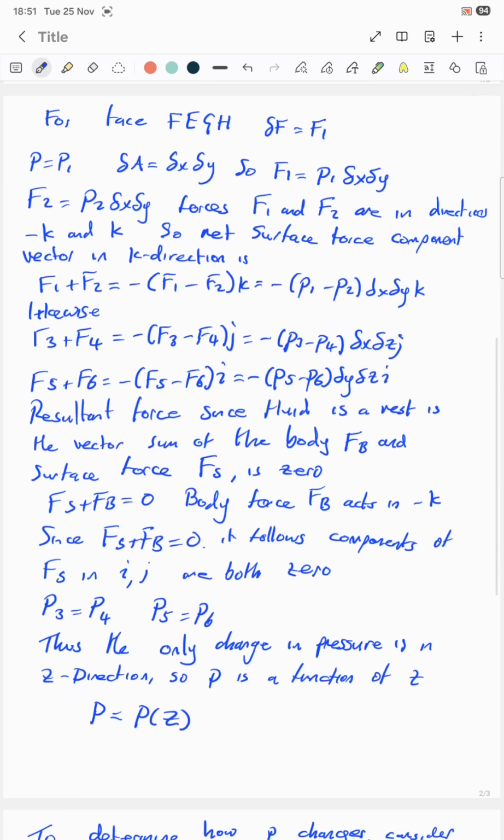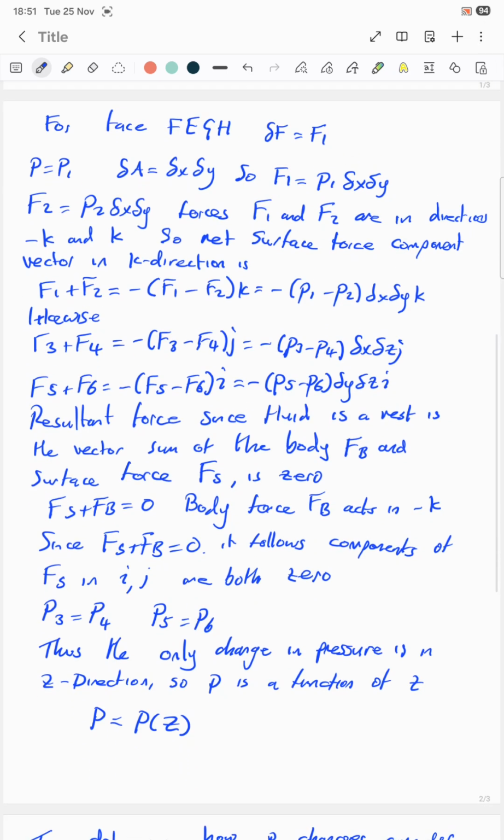Now for the face EFGH, delta F equals F1, so our pressure equals P1.